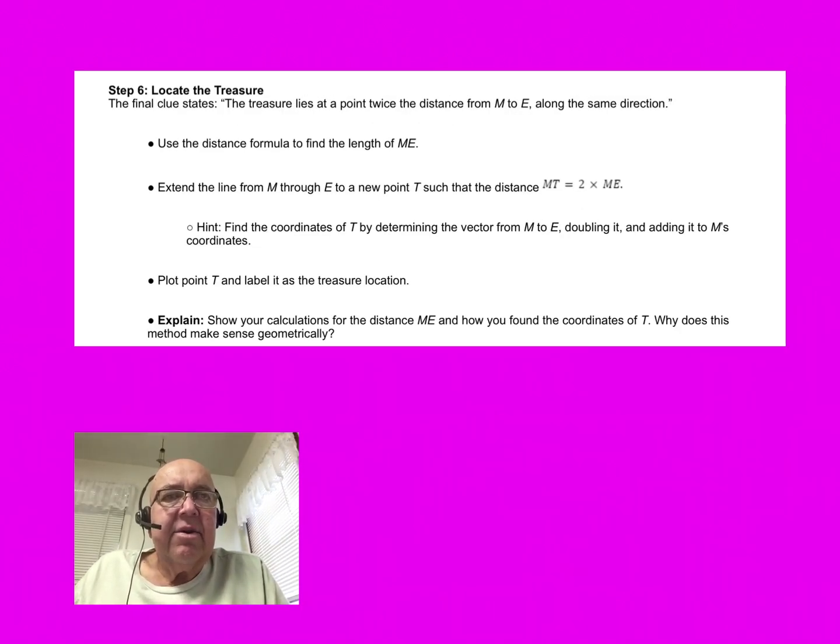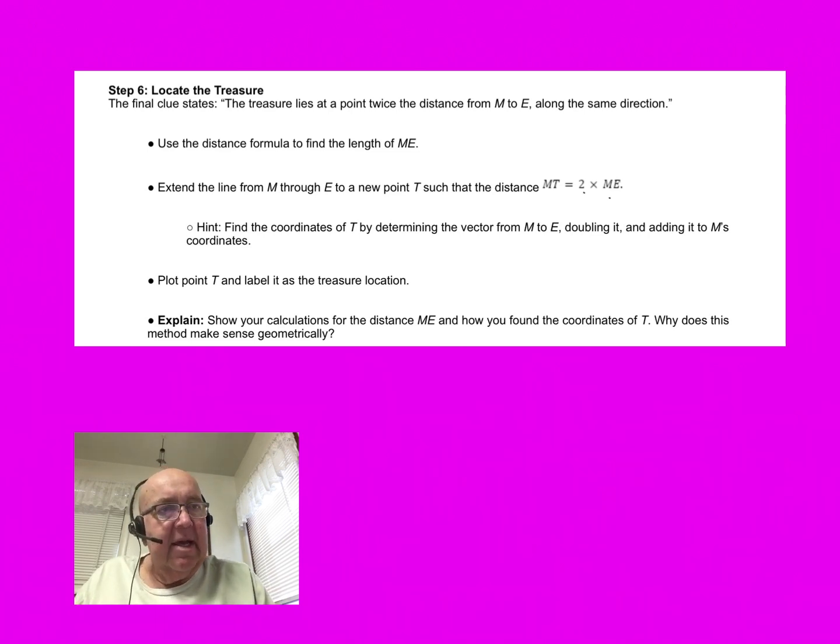So again, you're going to be working with the distance formula. You find the distance from M to E. Then you're going to extend that through to a point T. You can find that by taking 2 times the distance from M to E to find your coordinates for point T.